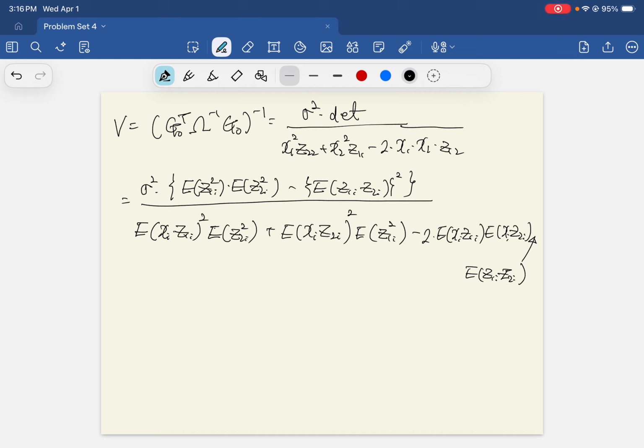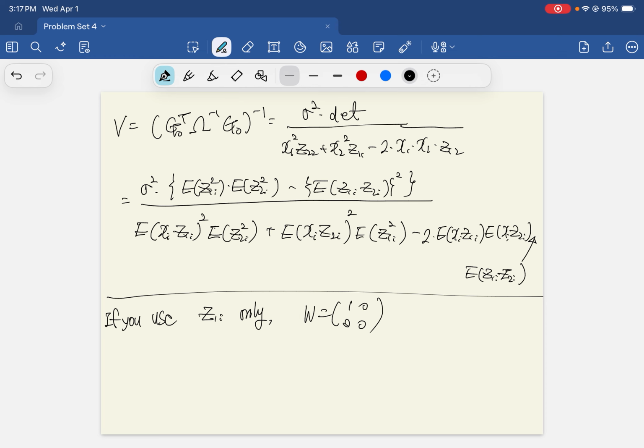Now I think there is nothing you can simplify right now, so I will compare. Let's compare this with the case where you use, say, z1 only; then you can calculate the variance pretty easily. We did it in another question. Or you may just set the weighting matrix as 1 0 0 0, so that is also possible.